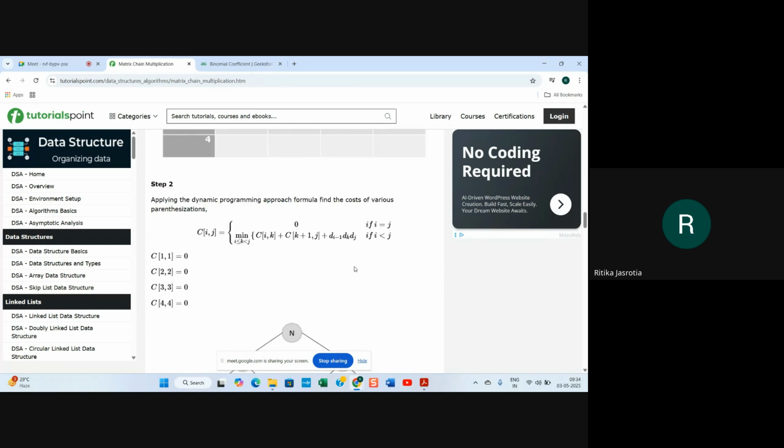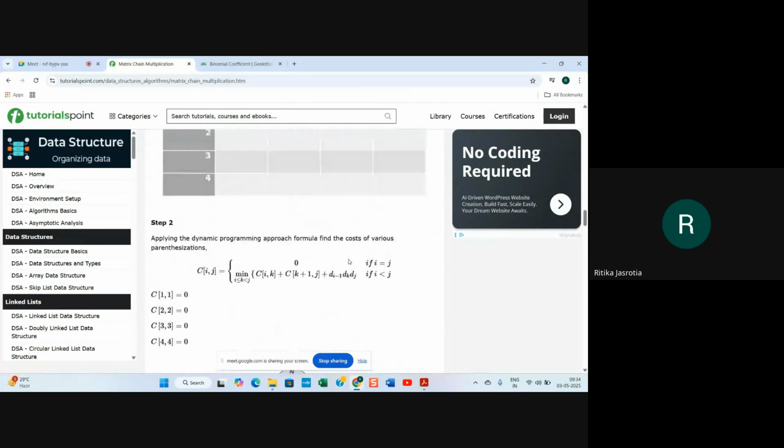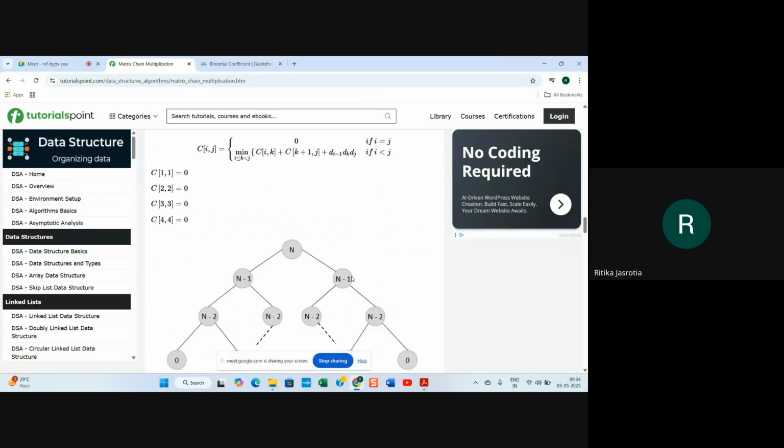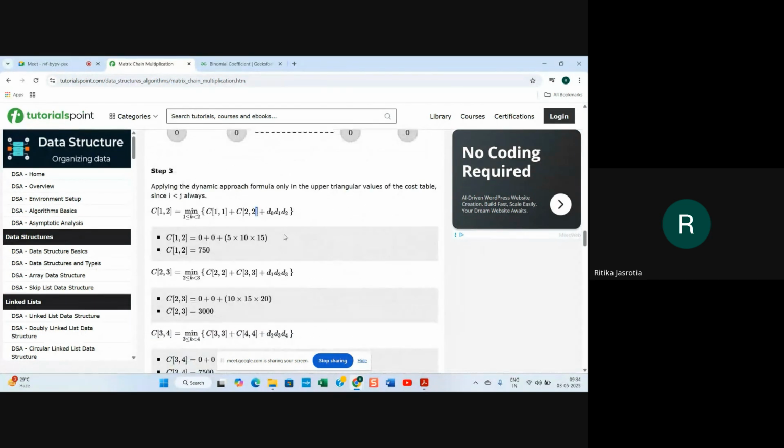Plus what is here, i minus 1: i is 1, 1 minus 1 is 0, so d0, and dk, k we have kept 1, so d1, and dj is d2.